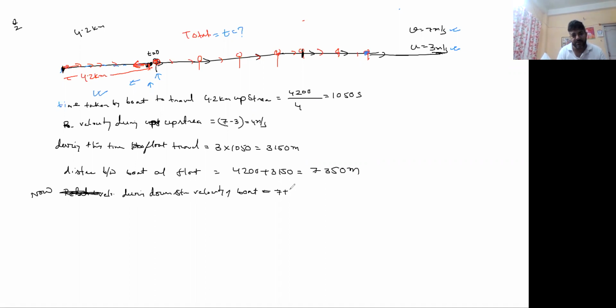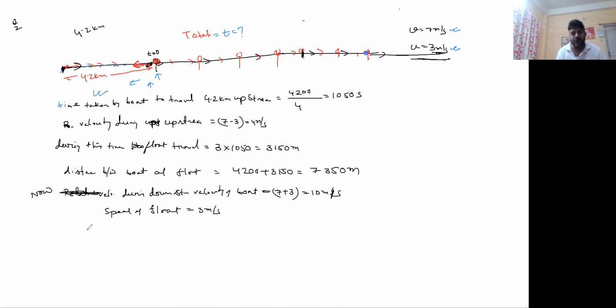Yes or no? Yes, sir. Now the boat has turned, meaning downstream, and the speed of the float is 3 meter per second. Yes or no? Because the float is moving with the flow of the river, which is 3 meter per second. Yes or no?